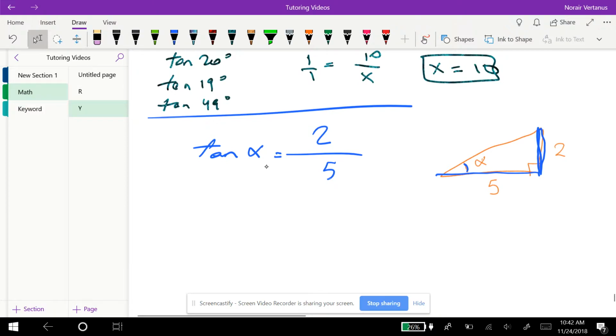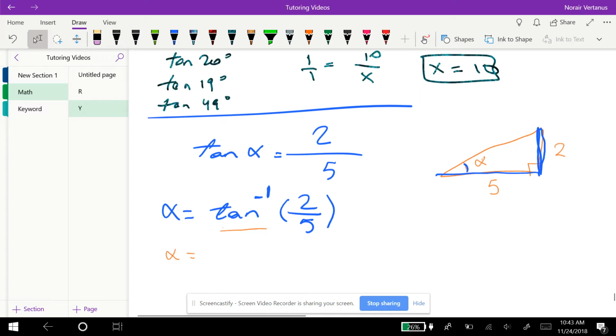To find alpha here, there's a formula you're going to use: alpha is equal to inverse tan of 2/5. You can use a calculator to find inverse tan. So you put 2/5 into your calculator and find the inverse tan of 2/5, and that's going to give you alpha, whatever the number is.